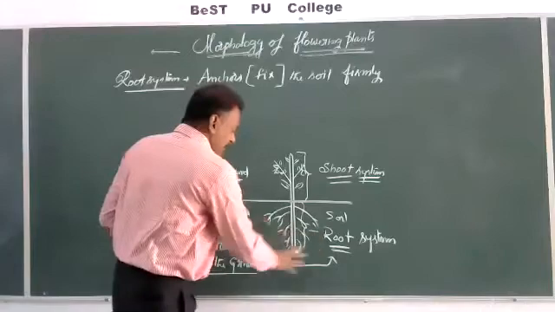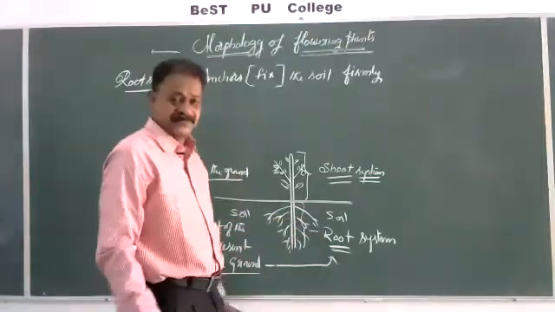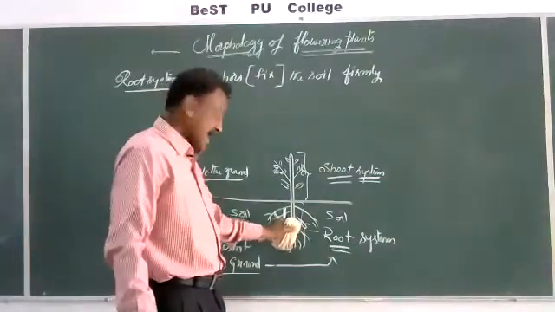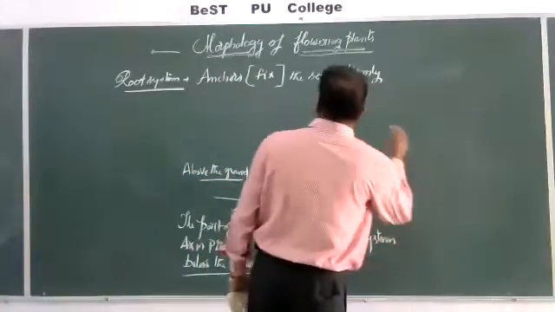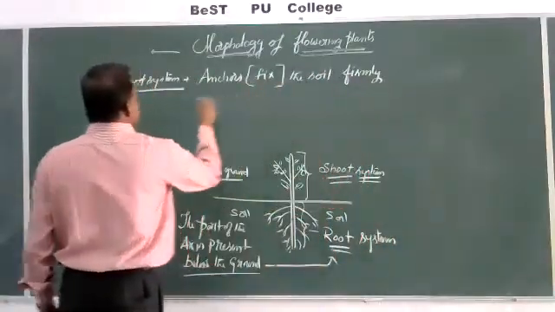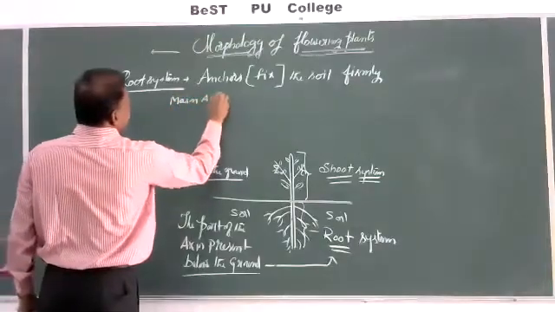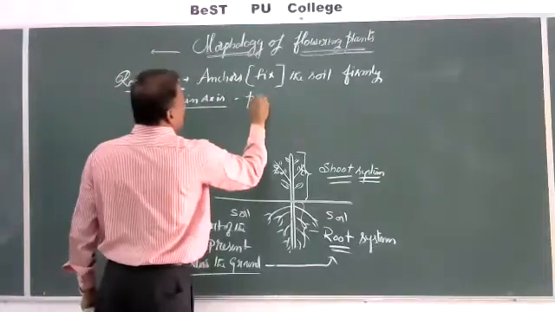Generally, so many branches are there to the main axis. The main axis is called the primary root, the main axis of the root system.